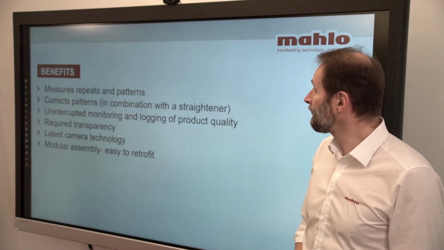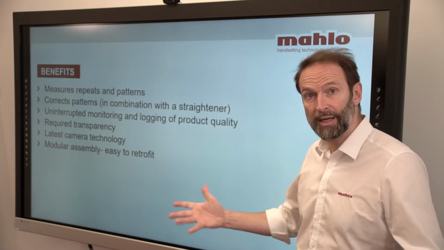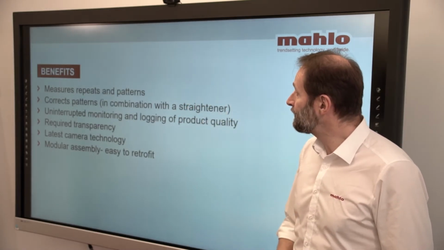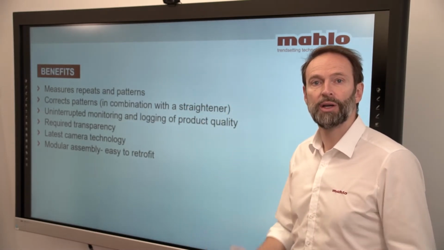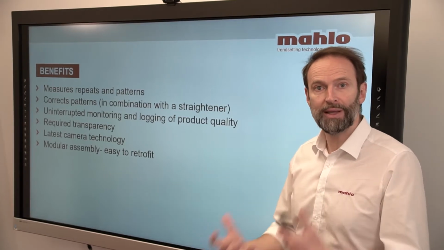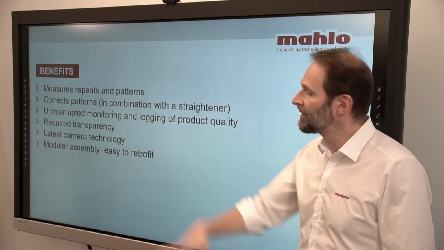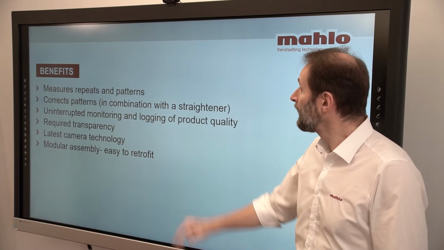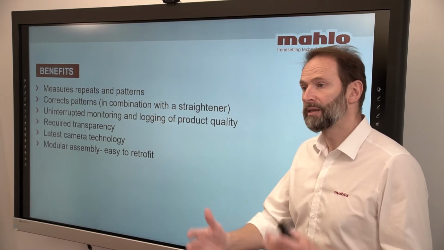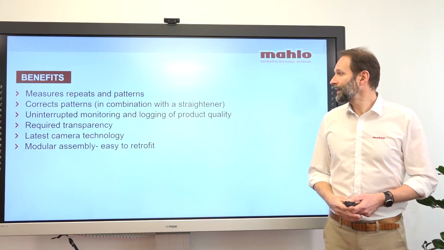The benefits: here we are measuring the repeats and the patterns without measuring the weft. So it gives you a very clear visibility of the different patterns, and it corrects the patterns in combination with a straightener.